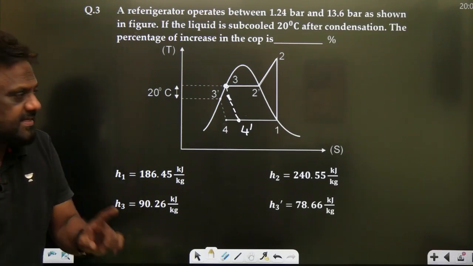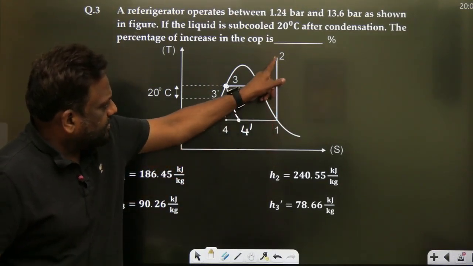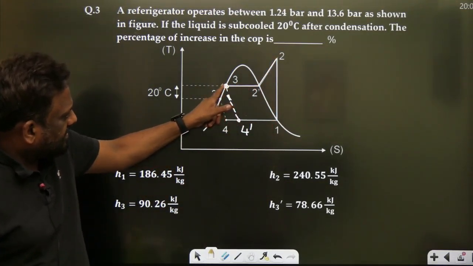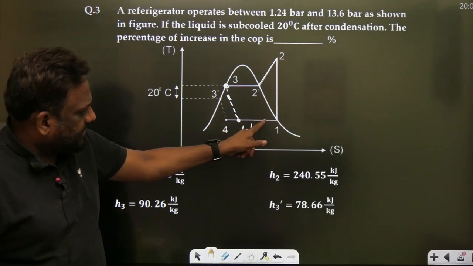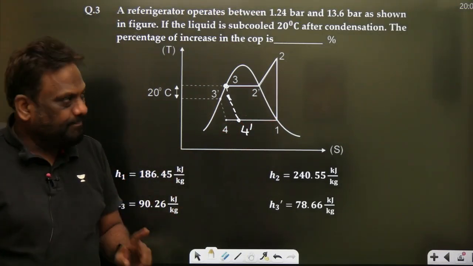The first cycle is isentropic compression, constant pressure heat rejection, throttling, and constant pressure heat absorption. This is the first cycle.